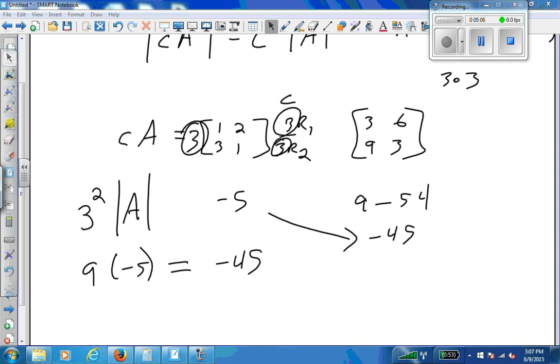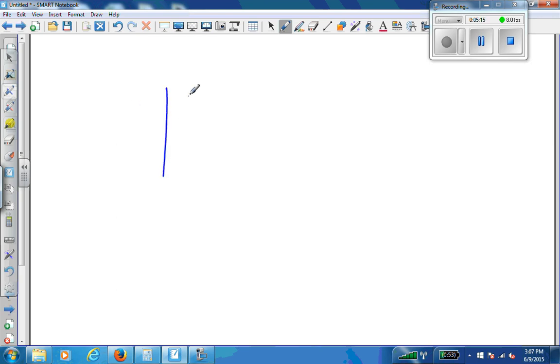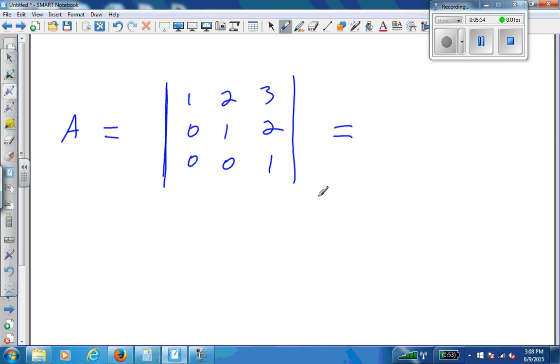I'll look at this another way. If we have some determinant that's triangular, let's suppose we have that, and that inside is matrix A. Then notice the determinant of that, if we multiply down the diagonal, is 1.